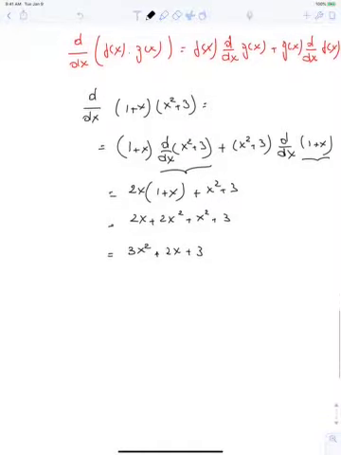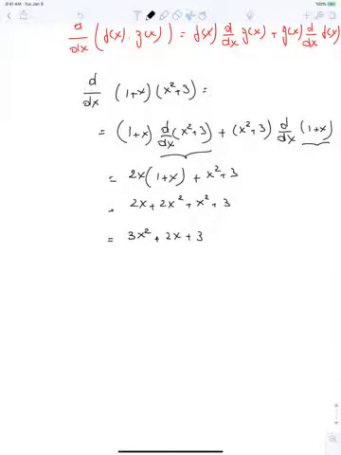Well, if you don't trust me, you can verify this pretty easily because you can do this product. So I'm going to write an alternative method. We can write this as, so I'm going to rewrite the expression here.